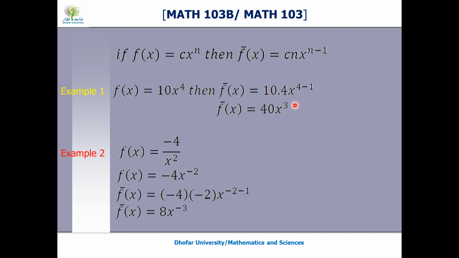Here we have one more example, minus 4 divided by x squared. So this function we can write as minus 4 times x to the power of minus 2. And the derivative of this function will be minus 4 multiplied by the index minus 2 multiplied by x. The new index of x is minus 2 minus 1, that is minus 3. So the final answer will be 8 multiplied by x index minus 3.